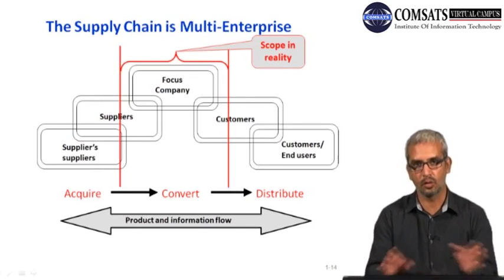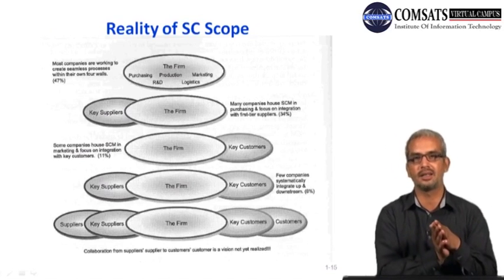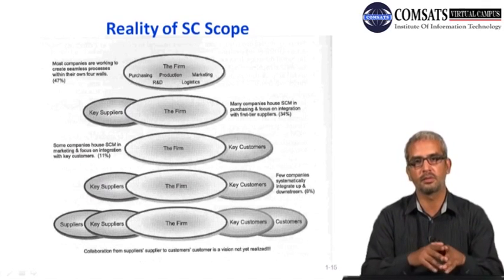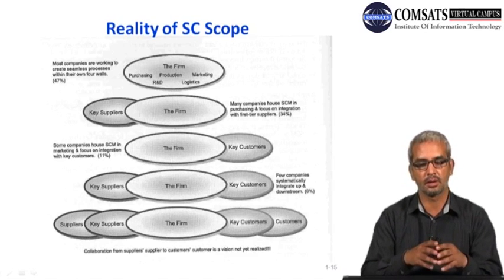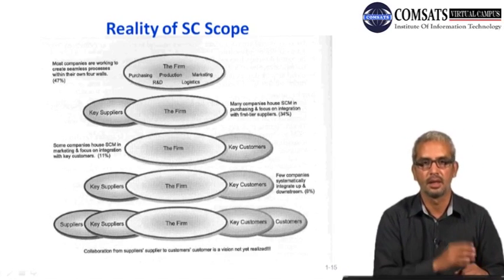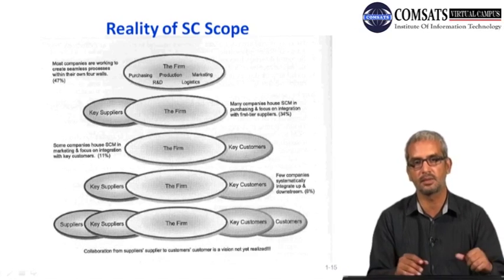Then I discussed the scope of supply chain in reality and theoretically, and I said that most of the firms are focusing on their interdepartmental coordination for efficiency of their supply chain systems, and around 34% of firms are focusing on the relationship with their suppliers, immediate suppliers or key suppliers.